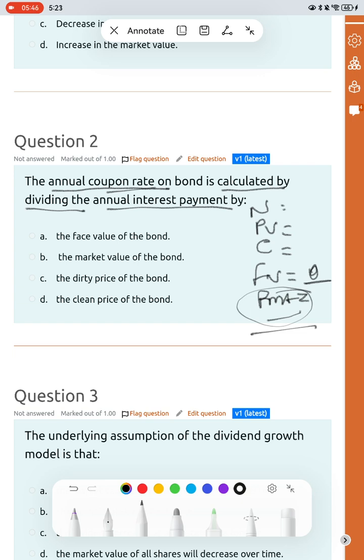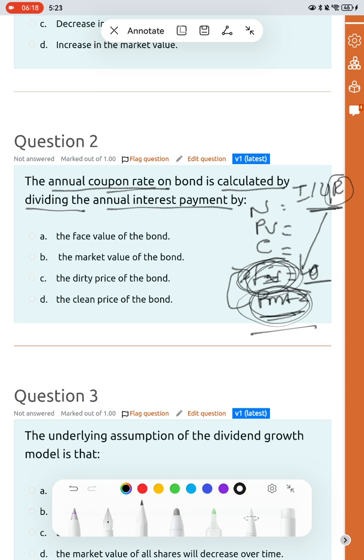All the time, you need to remember that your payment is based on your face value. So you could get an I over YR of 6, but then to get your coupon rate, you say I over YR multiplied by future value to get your payment. But in order for you to get your payment value, you need to know what your future value is. Okay.